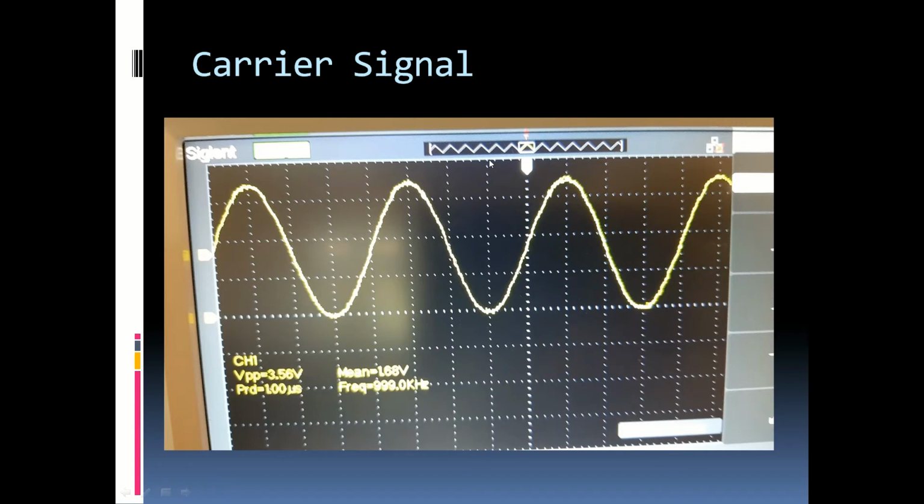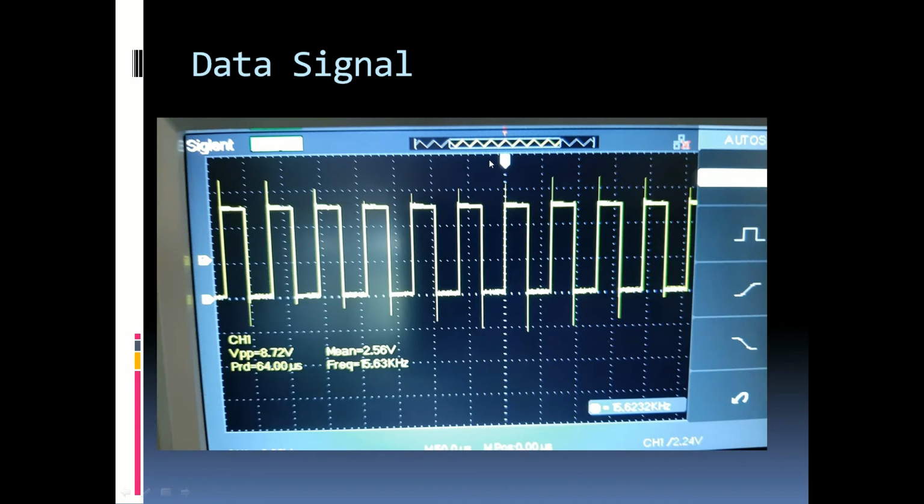The standalone carrier signal can be observed in this slide. The peak to peak voltage is set to approximately 3.5 volt, and the frequency can be observed as 999 kilohertz, which is almost 1 megahertz. So it's a 1 megahertz sinusoid being used as the carrier signal in this experiment.